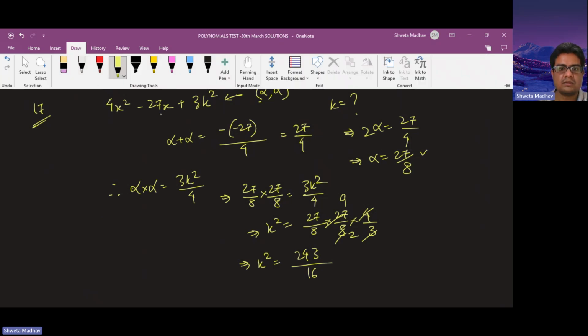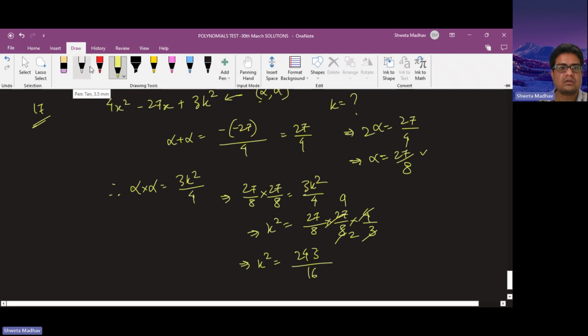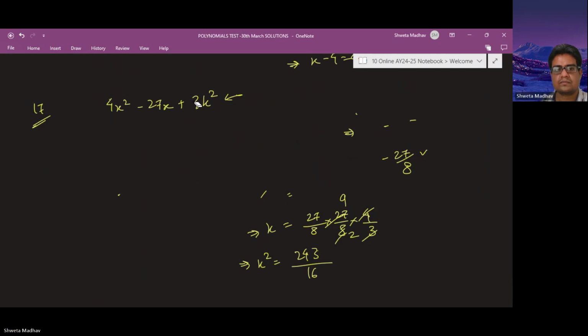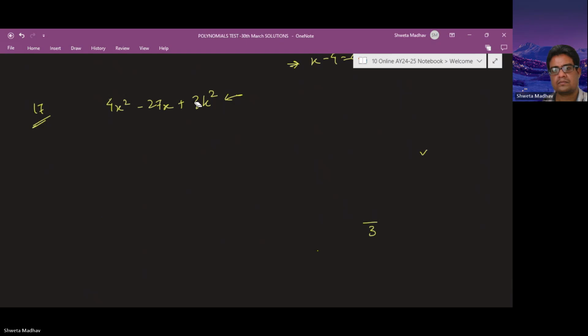Actually, here it has been told that the sum and product of the zeros are equal. This solution is wrong. Sorry. So here, let's say the roots are alpha and beta.